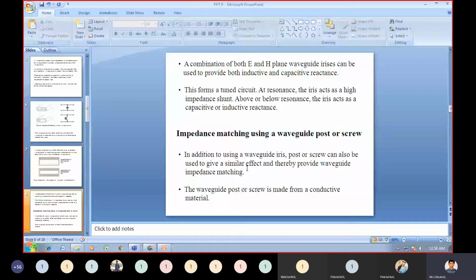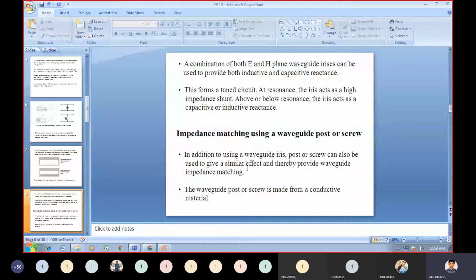These two can also be used to give a similar effect, thereby providing waveguide impedance matching.